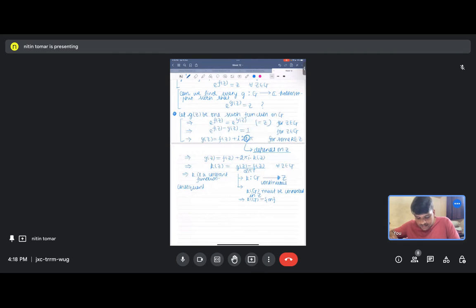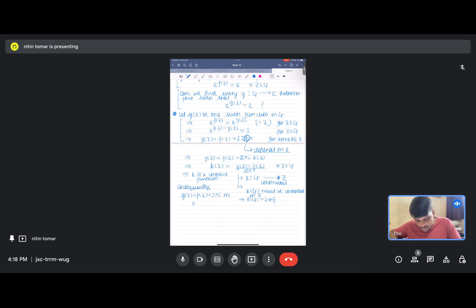This k(z), which at first glance seemed like a function of z, but continuity and connectedness say that it is a constant function. So g(z) is f(z) plus 2 pi i times m, where m is this k of z.